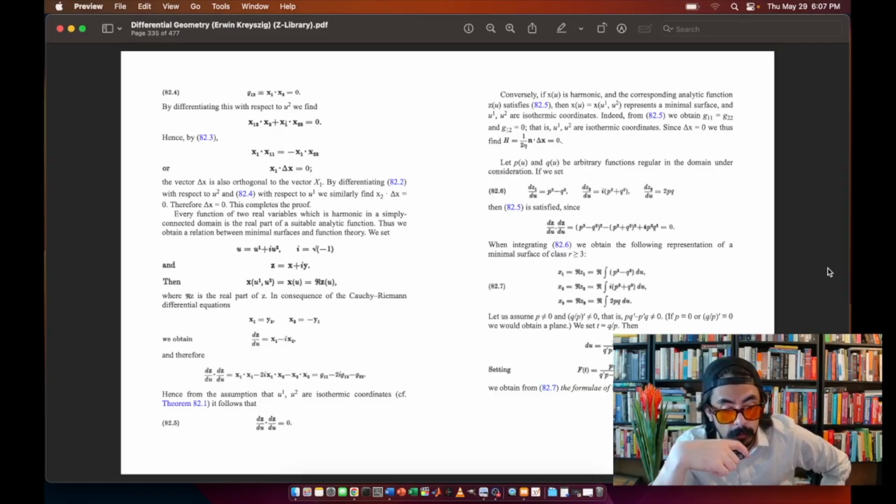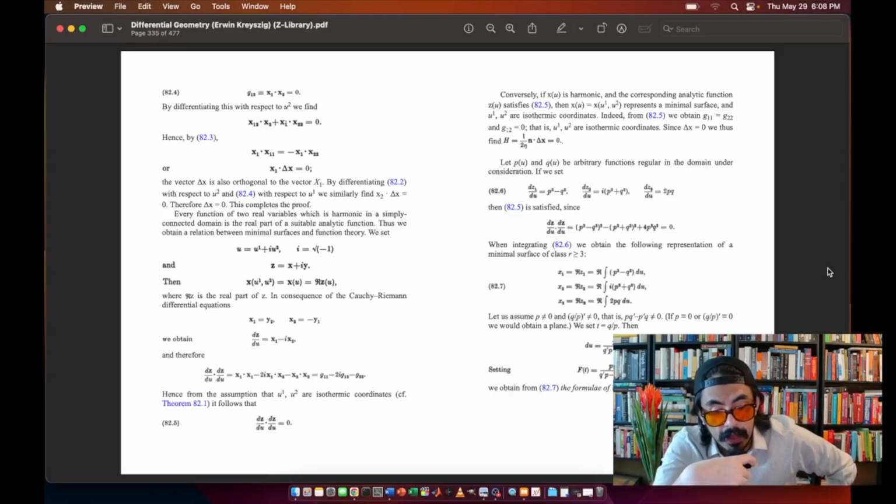And therefore, the scalar product of dz/du with itself is equal to the scalar product of vector x sub 1 with vector x sub 1, then minus 2i times the scalar product of vector x sub 1 with vector x sub 2, and then minus the scalar product of vector x sub 2 with vector x sub 2, which is then equal to g sub 1 1 minus 2i times g sub 1 2 minus g sub 2 2.